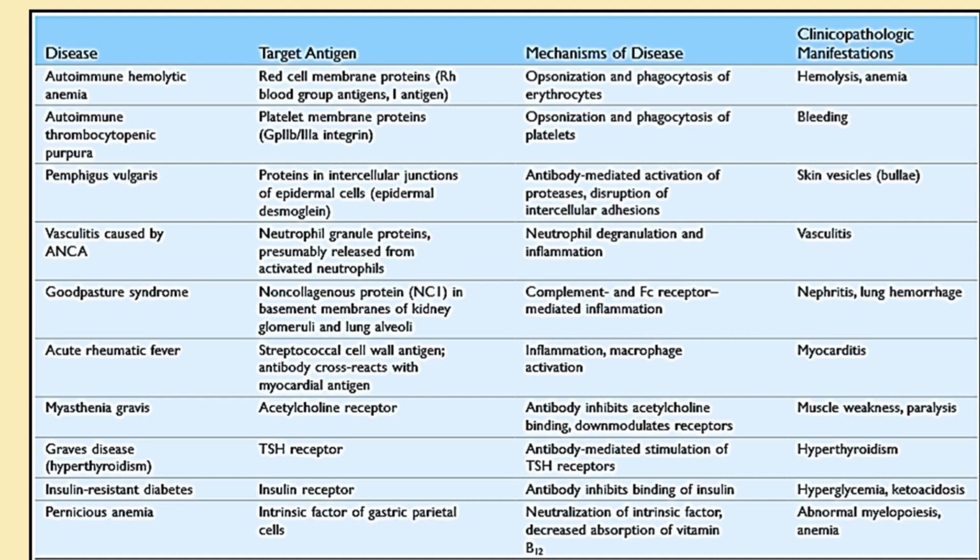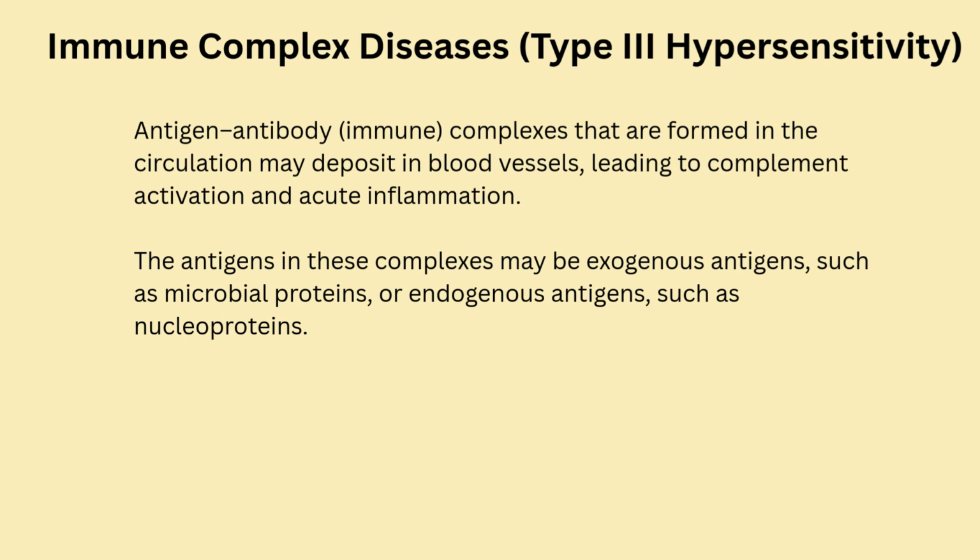Pemphigus vulgaris, acute rheumatic fever, myasthenia gravis, Graves' disease, that is hyperthyroidism, and pernicious anemia are all examples of type 2 hypersensitivity reaction. Got it? Now that we have understood about type 2 hypersensitivity reaction, let's learn about type 3.